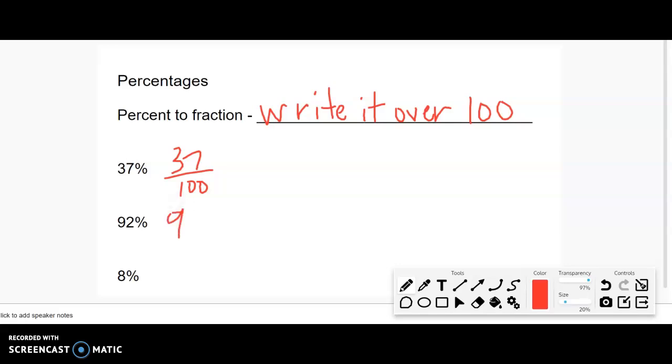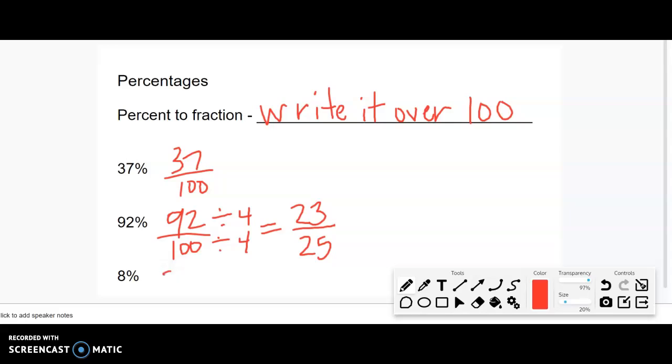92%, 92 hundredths, which I could then divide by 4. 100 divided by 4 is 25. 92 divided by 4 is 23. Right? Correct me if I'm wrong, but I'm pretty sure that's right. So 23 25ths is my simplified fraction.